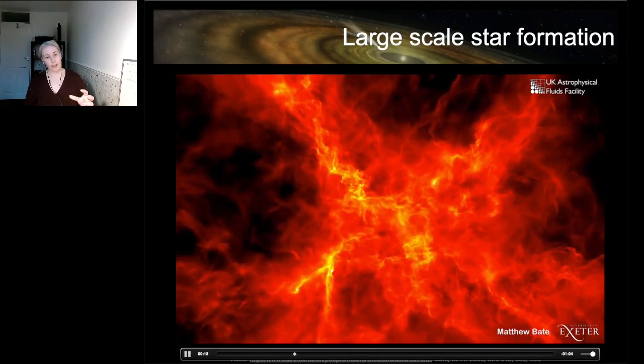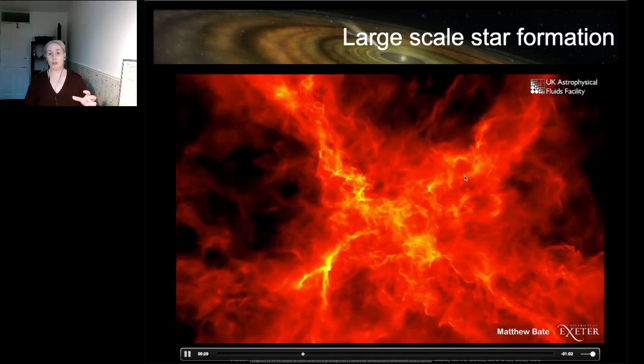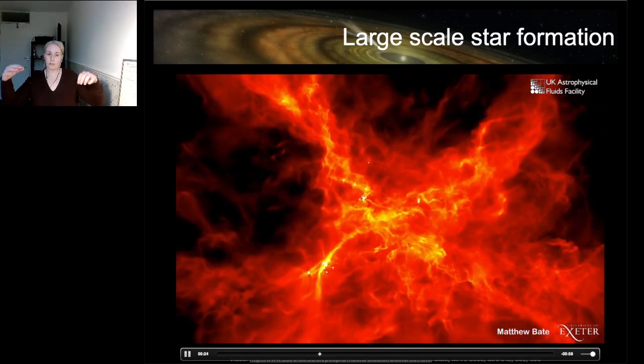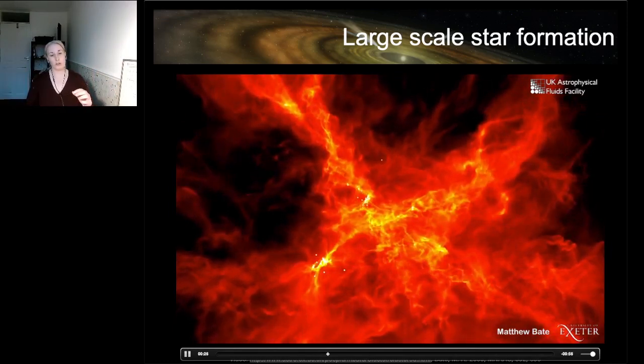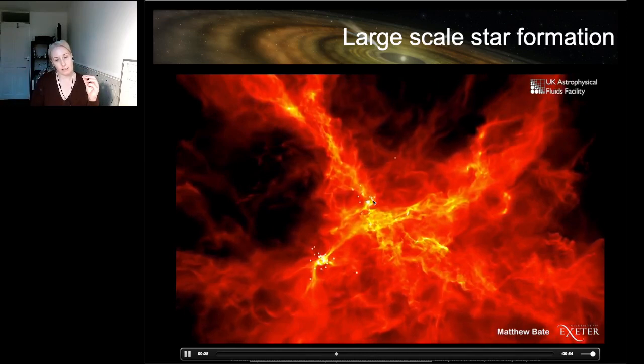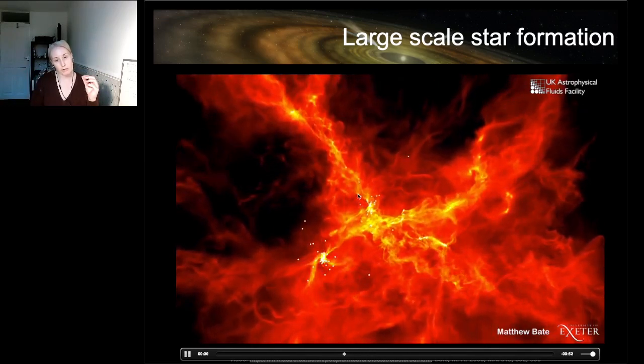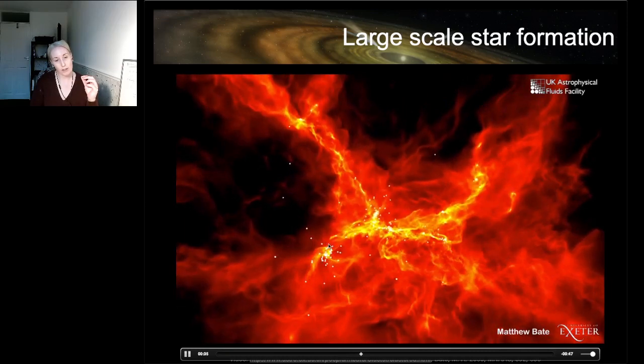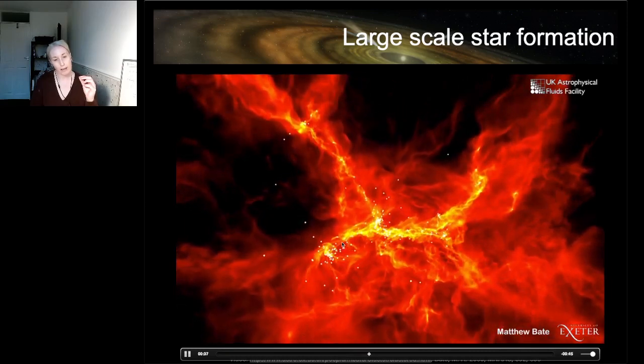And what you can see here is that it's not just about spherical collapse. You start to get a lot of filamentary structure, you start to find these little dense regions where stars are beginning to form and are getting ejected through angular momentum exchange. Here's another little region where stars are forming.